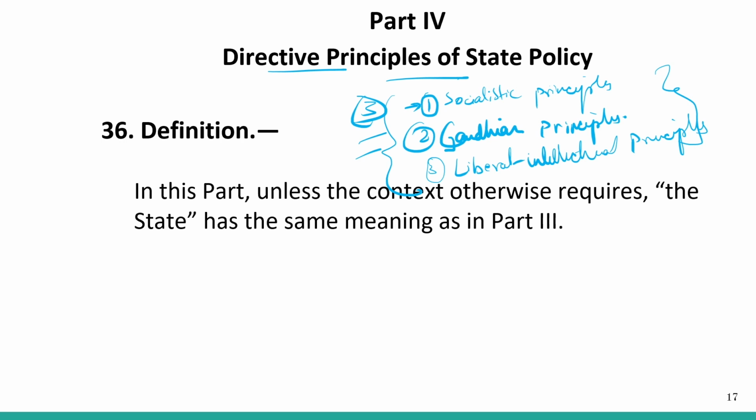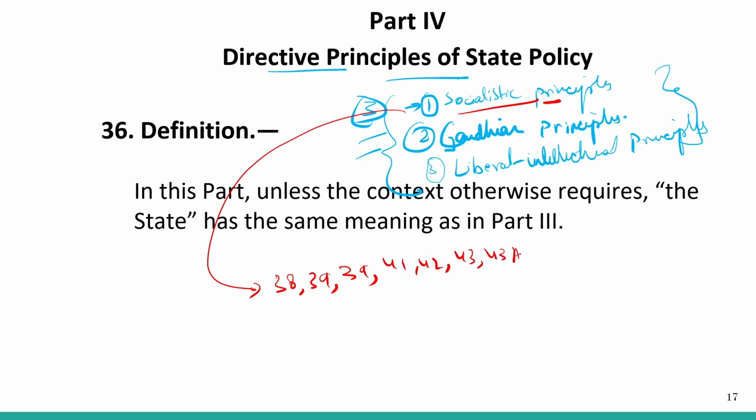Under the socialistic principles, if we classify further, the articles you'll find mentioned are Article 38, 39, 39A, 41, 42, 43, 43A, and 47. So these are the articles mentioned in the socialistic principles.